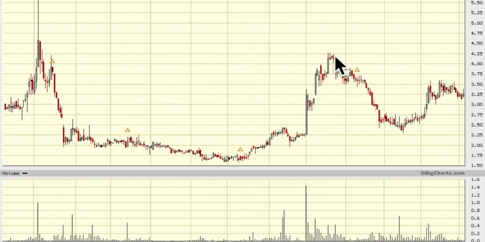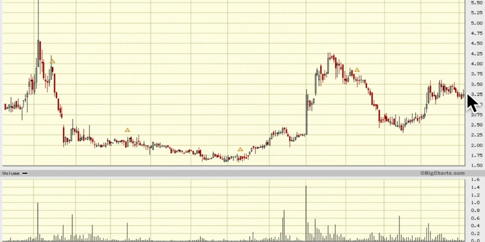But I want to show you something a little bit more, what I consider maybe interesting, for lack of a better word. This is a sort of consolidation pattern that looks like it's setting up here, where the stock price comes down, trades sideways for a while. This is a cup and handle pattern. So the stock price comes down, trades sideways, spikes up, drops back a bit, and then trades sideways.